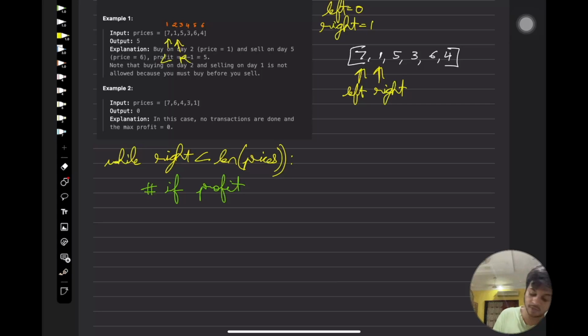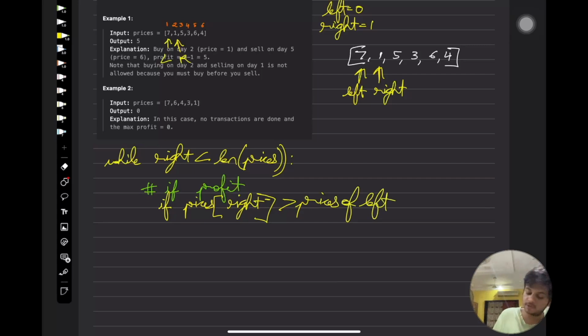So the way I write that is: if prices of right is greater than prices of left, that is when there is a profit.